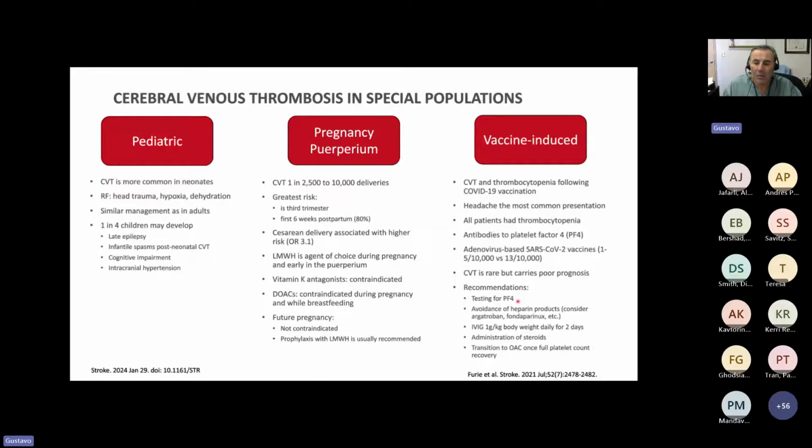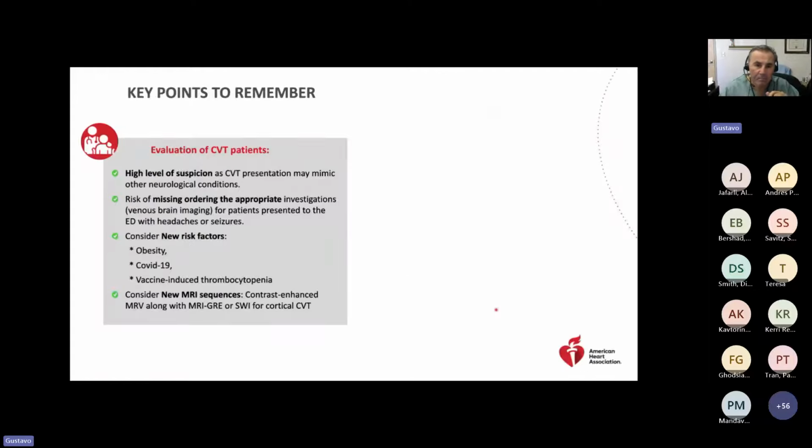I included the treatment there with IVIG and avoidance of heparin-related products. The recommended guidelines were published by Karen and our group in 2021. I included the reference just in case.